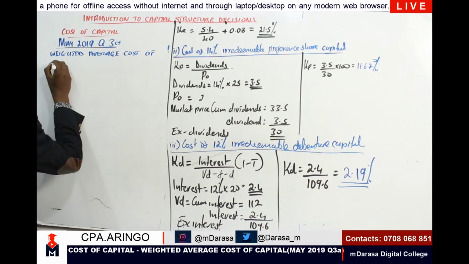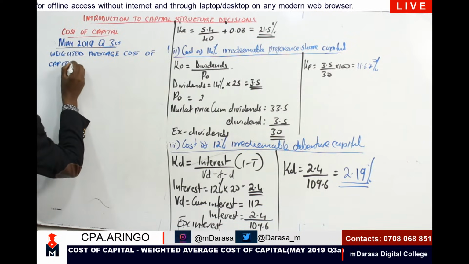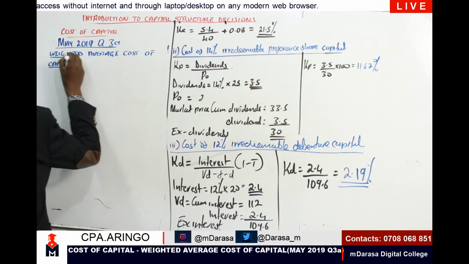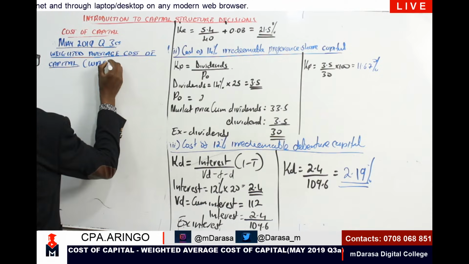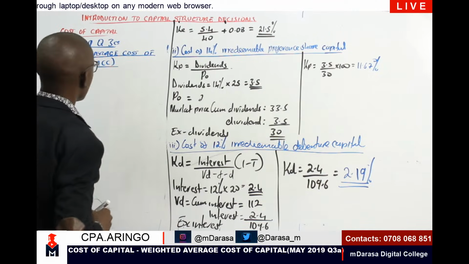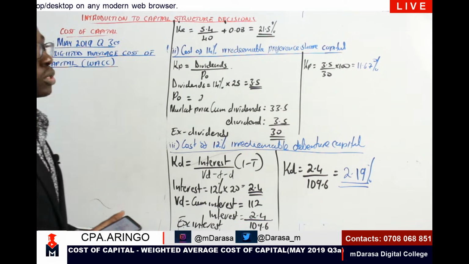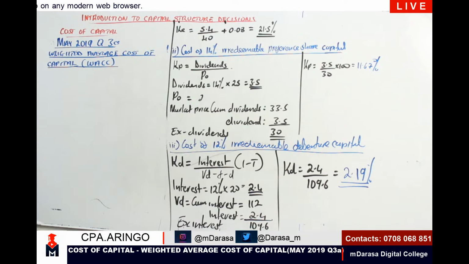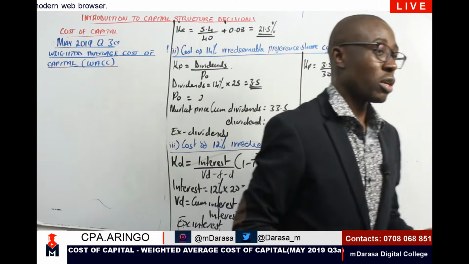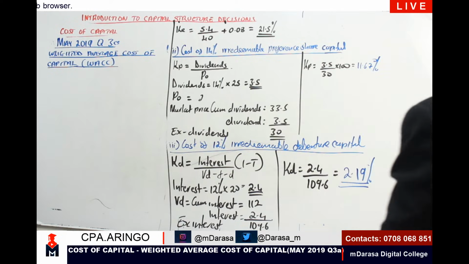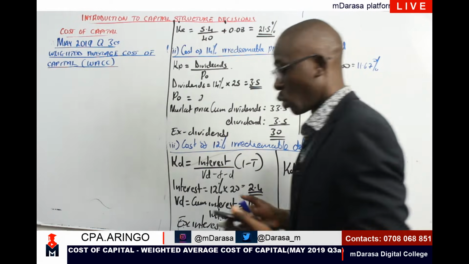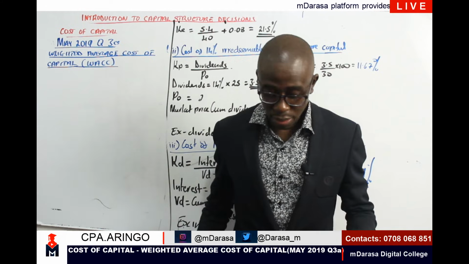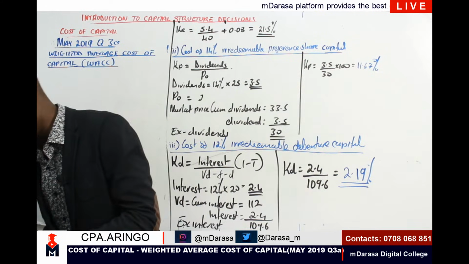Weighted average cost of capital, commonly known as WACC. At this point, we are looking at it as the combined cost of raising existing funds used to undertake the existing projects. That is one thing that I want us to mark clearly.